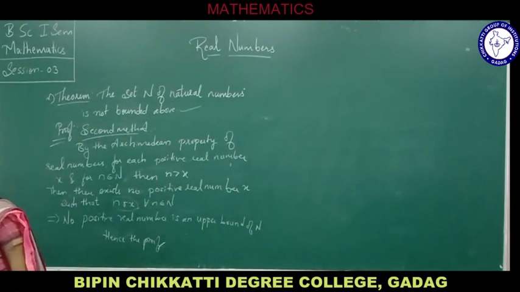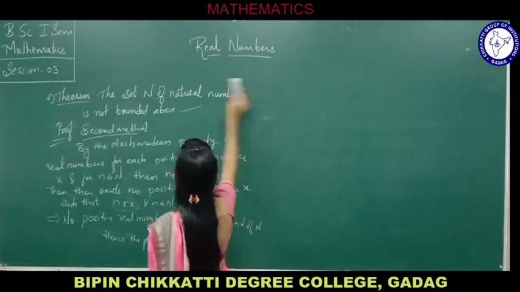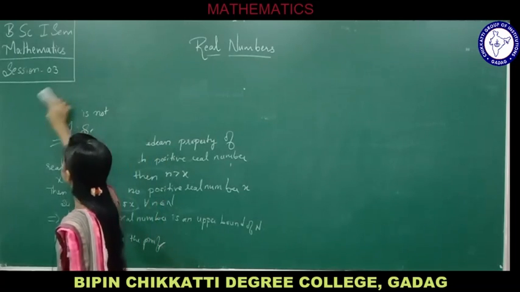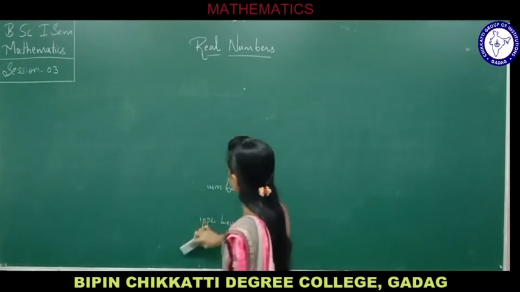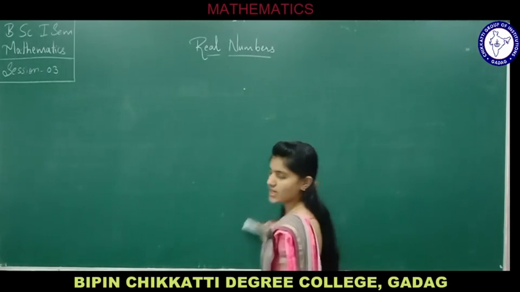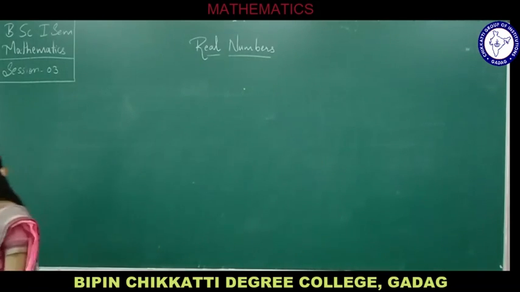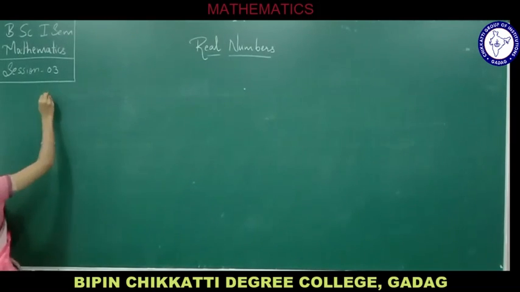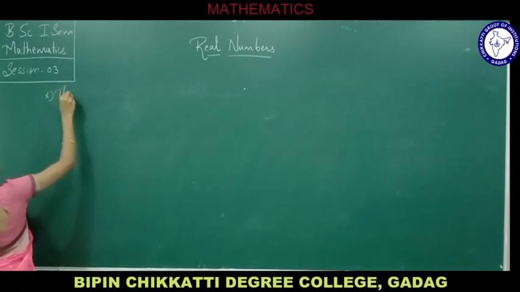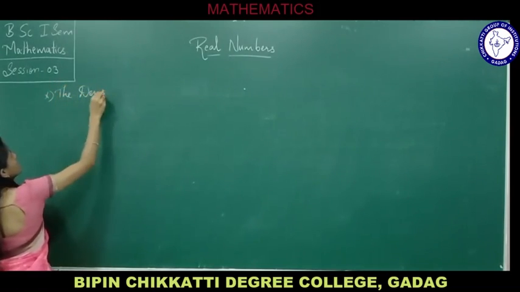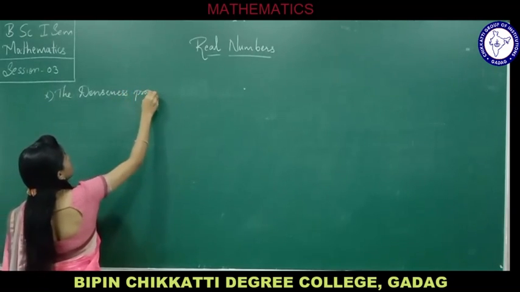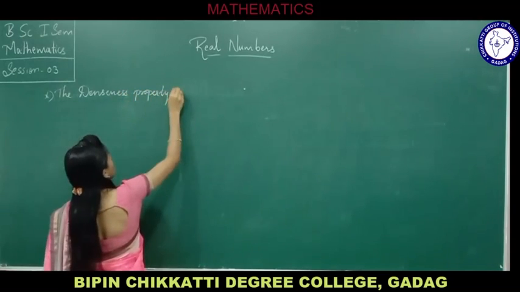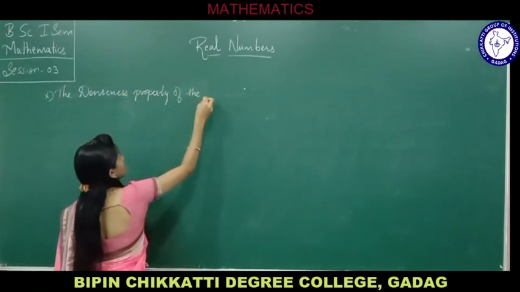Let us move to another theorem, the denseness property. Where we are going to say that between two real numbers there exists a rational number. The denseness property of the set of real numbers.